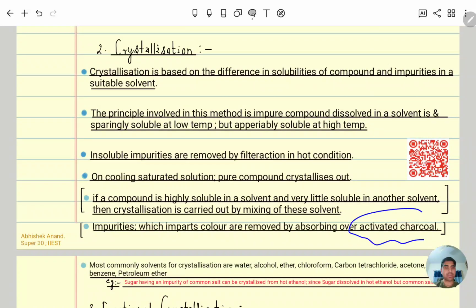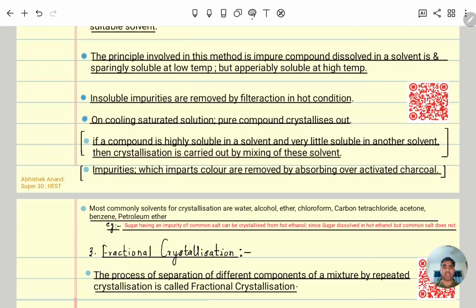Charcoal has small pores, so the color pigments get stuck there and are then segregated out.